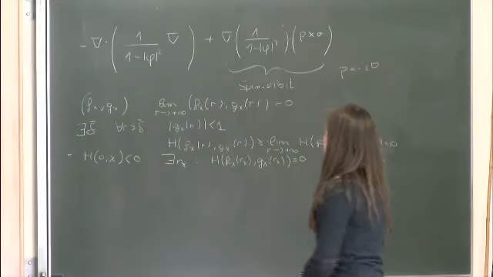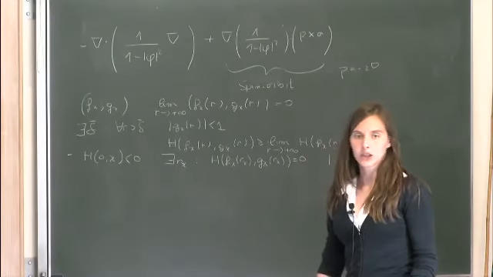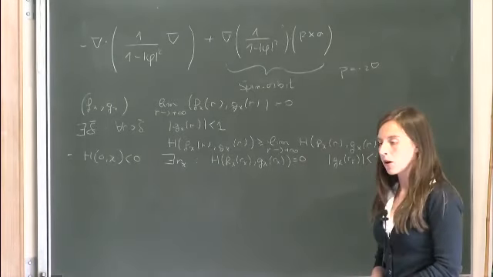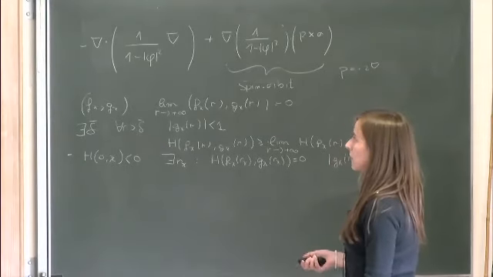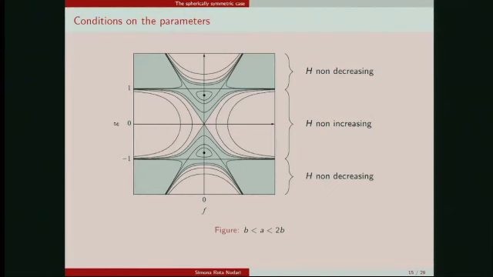But in the neighborhood of this point, we have a contradiction because we pass from a point with negative Hamiltonian energy to a point with energy equal to 0 in a region where the energy is non-increasing. Then we have a contradiction in this case.